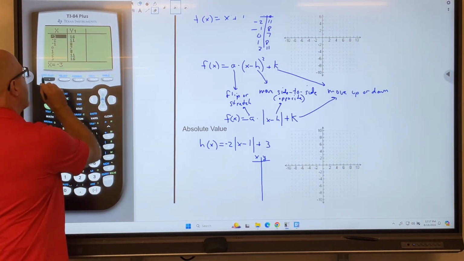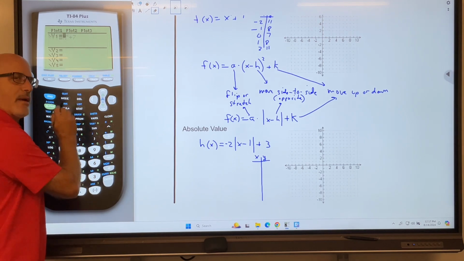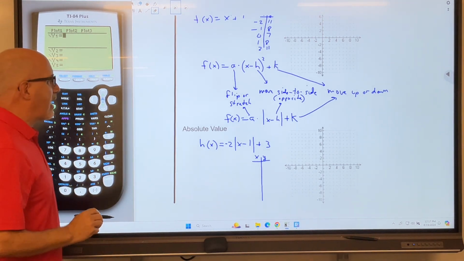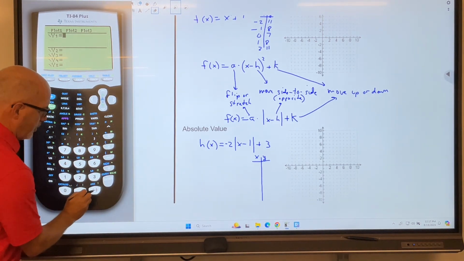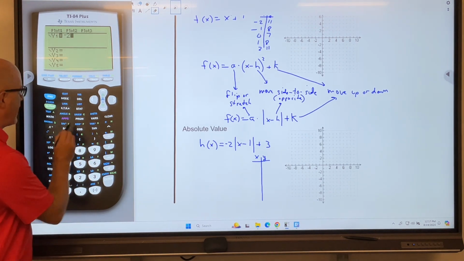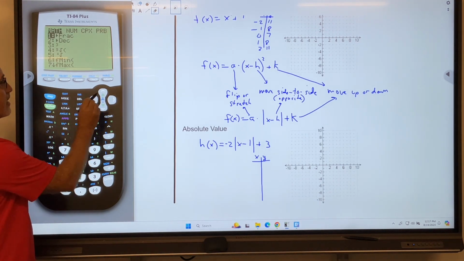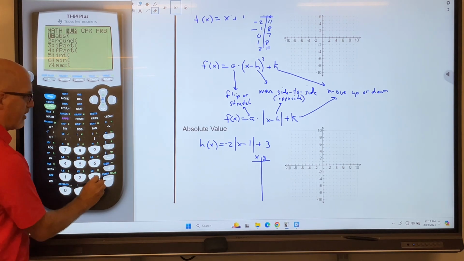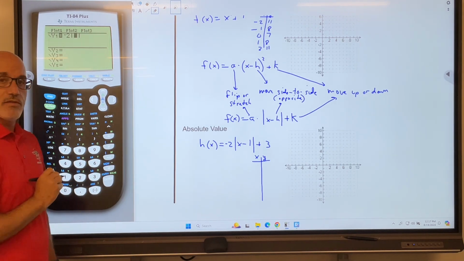So we can go to y equals here, clear off my previous graph, and put in -2. You can put times, but you don't have to. Then go to math, over to num for absolute value, and hit enter; there's my absolute value.